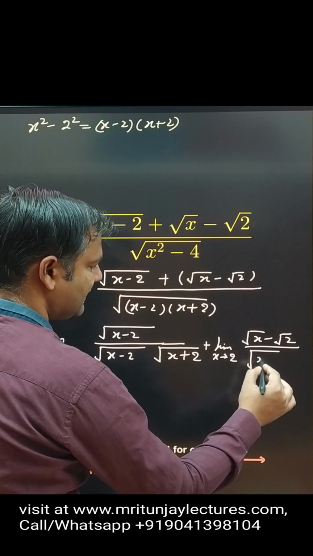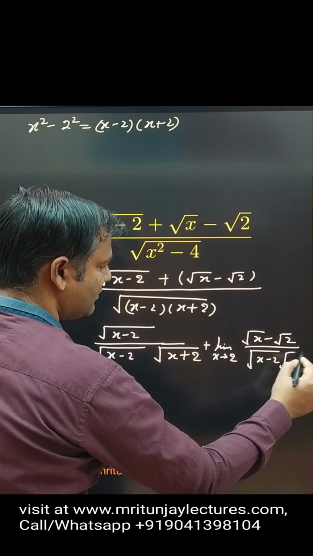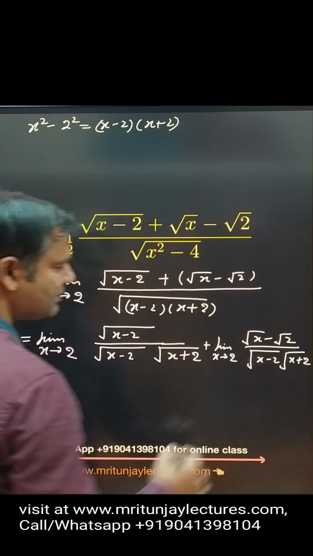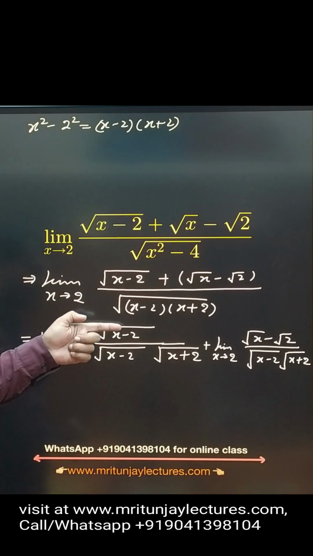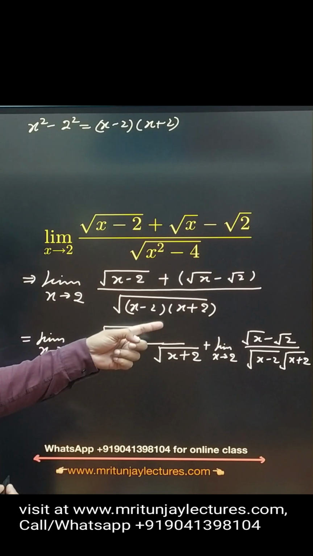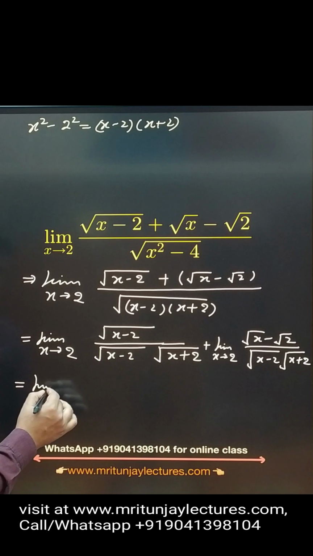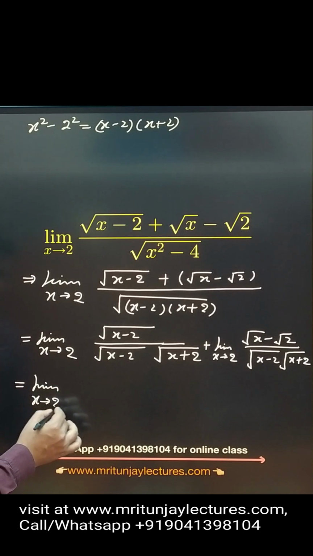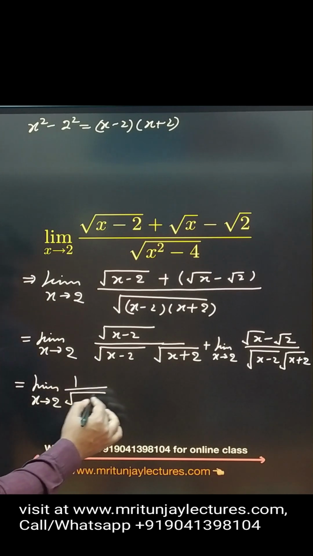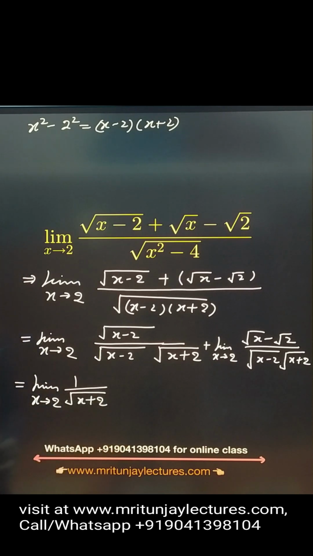Under root x minus 2 into under root x plus 2. That one and that one cancel out, and this one is 1 upon under root x plus 2. So we write limit x tends to 2 of 1 upon under root x plus 2. Clear?